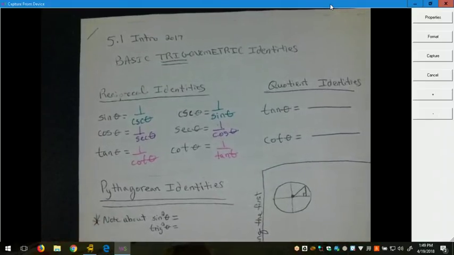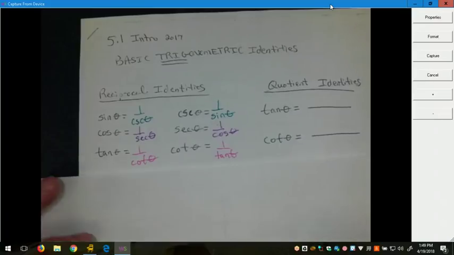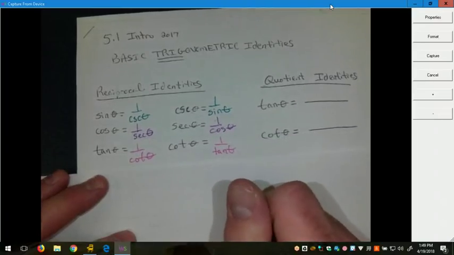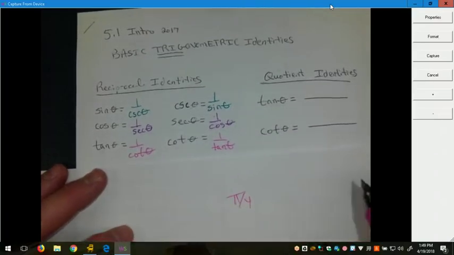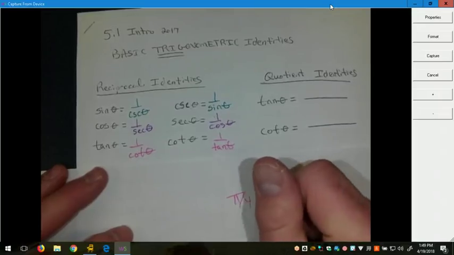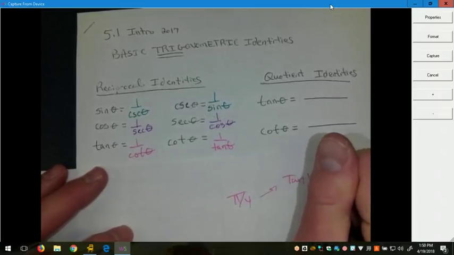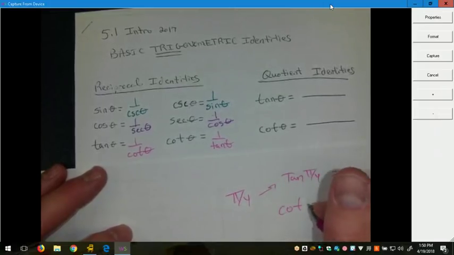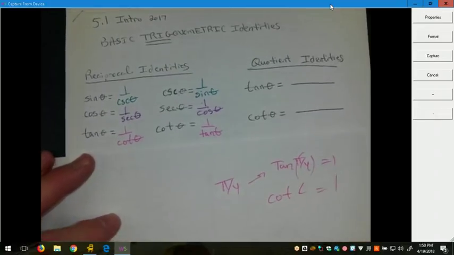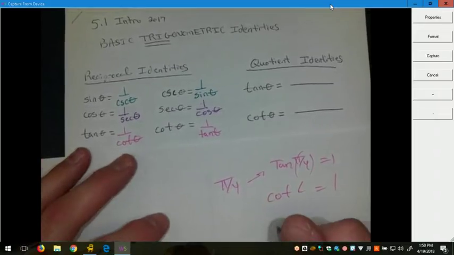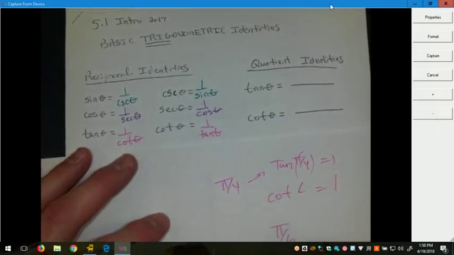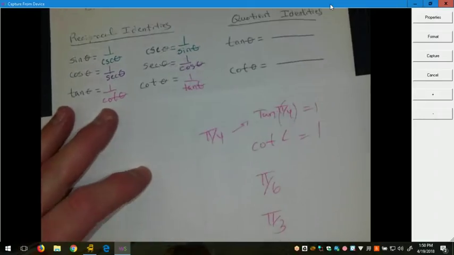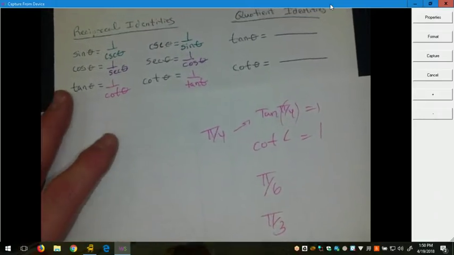If you need to see some examples of this, look to your unit circle. At pi over 4 on the unit circle, tangent is 1, and cotangent, the reciprocal of 1, is also 1. However, if we look at the unit circle at pi over 6 and pi over 3, you see a difference there.